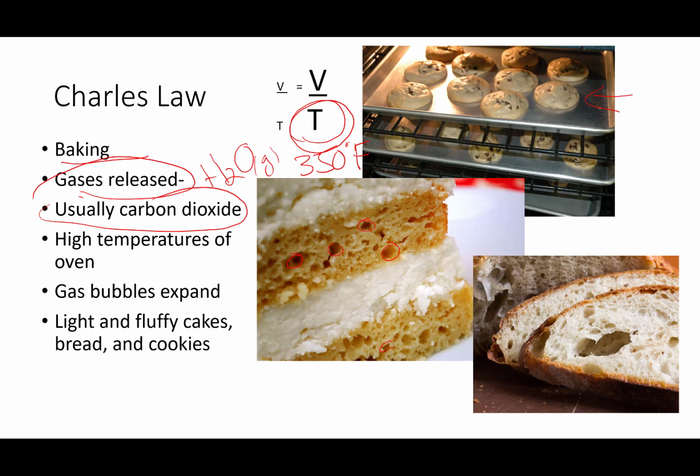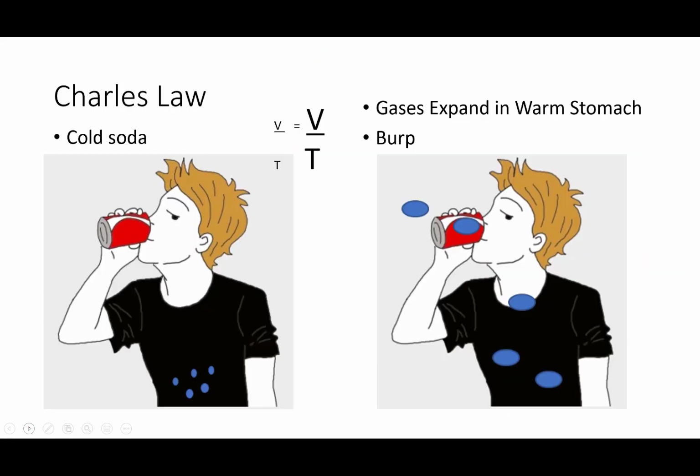The volume's going to increase. That is going to make these lovely big holes inside of your bread, your cookies, whatever. Then those holes are preserved by the baking of the goods around them, and it makes things nice and light and fluffy.